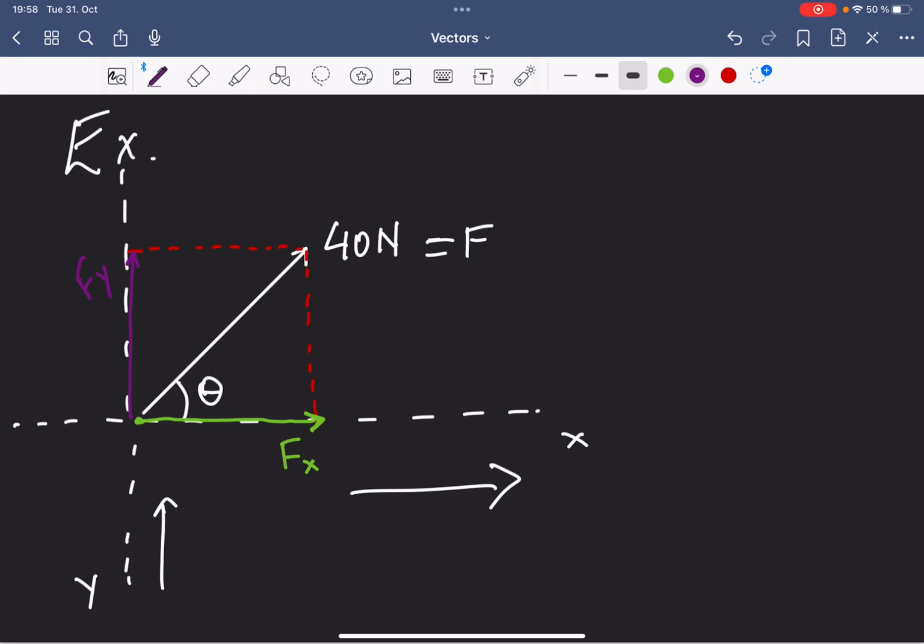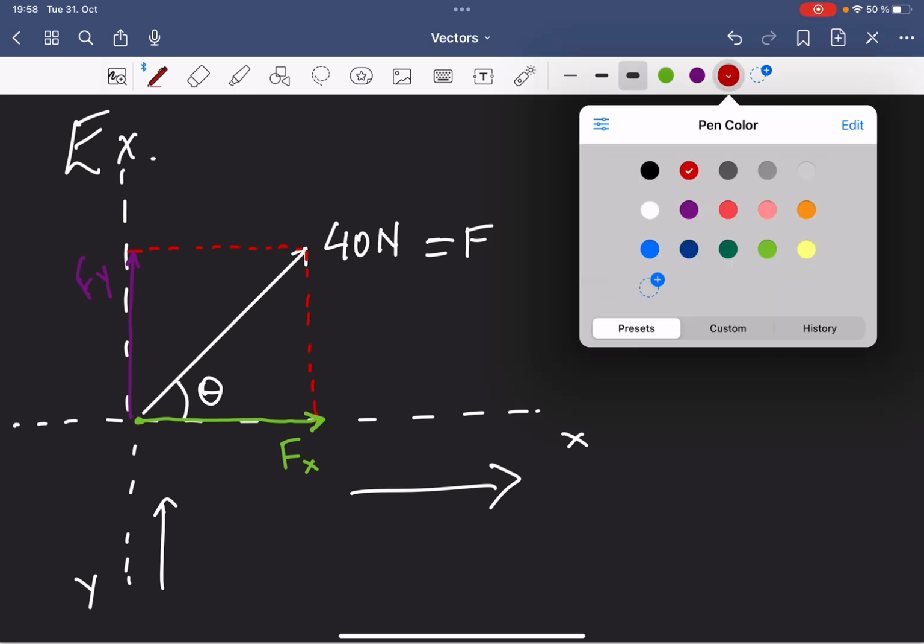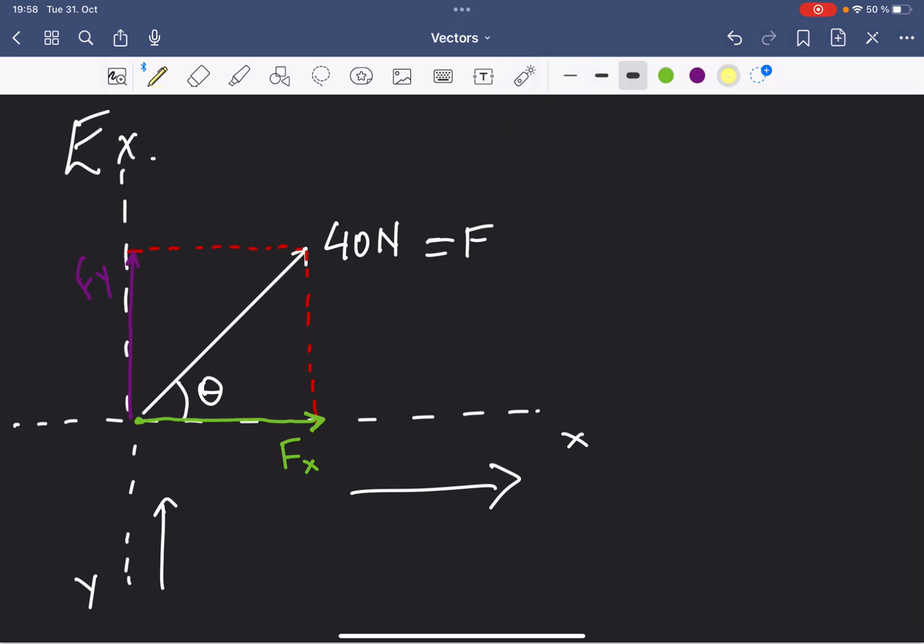And I hope you can already see the similarities with the process that we did in the previous video, which was the reverse process of having Fy and Fx and trying to calculate the resultant force. So now the goal is that we want to calculate the size of Fx and Fy.